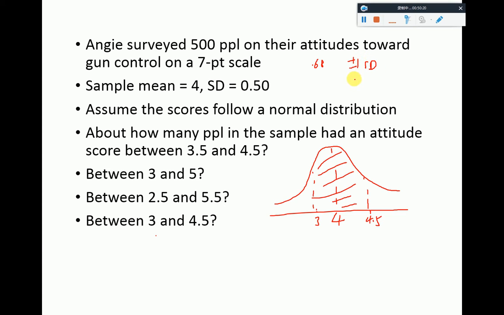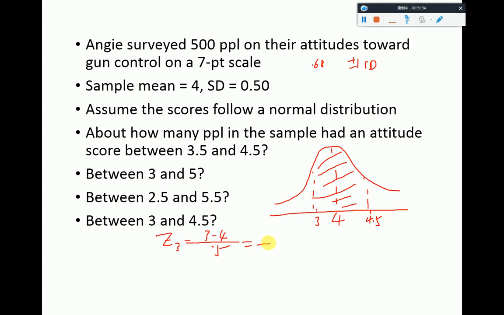We need to know how many standard deviations 3 is away from 4, and how many standard deviations 4.5 is away from 4. That's why we need to calculate z-scores, because z-scores represent the number of standard deviations of a value relative to its mean. So the z-value of 3, easy: 3 minus 4 divided by 0.5.